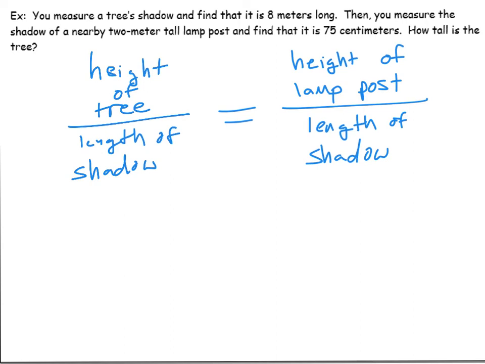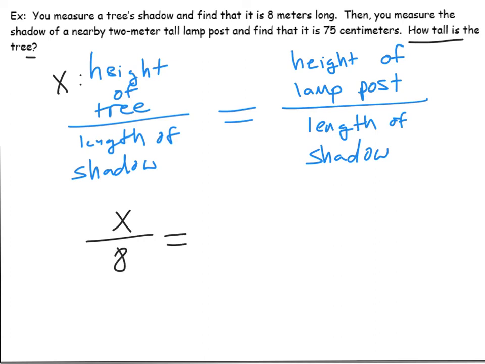Now, hopefully when I plug in all the stuff I know, it's sufficient to only have a little bit left in order to solve. How tall is the tree? I'll just go right up here and say that's going to be X, the height of the tree. The shadow of the tree I know is 8 meters.